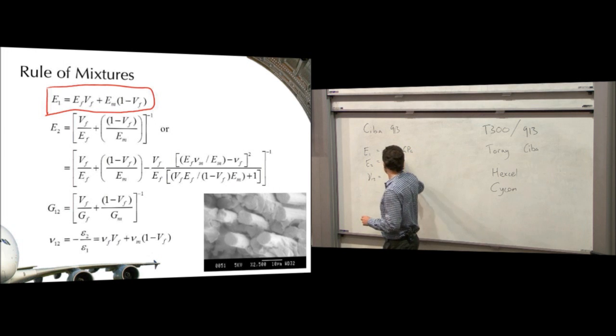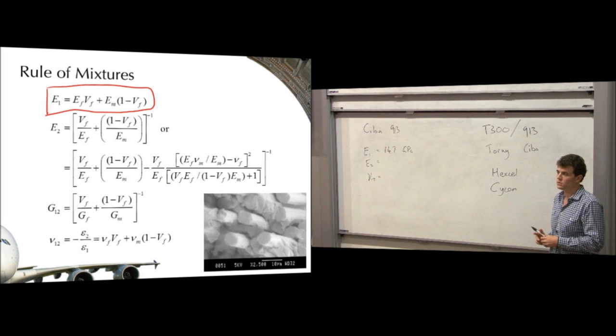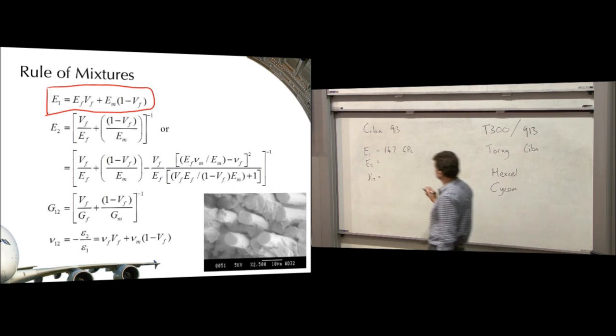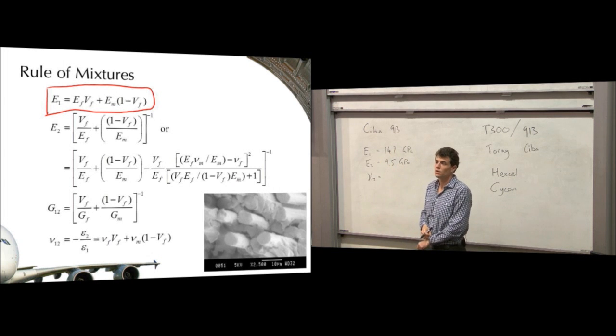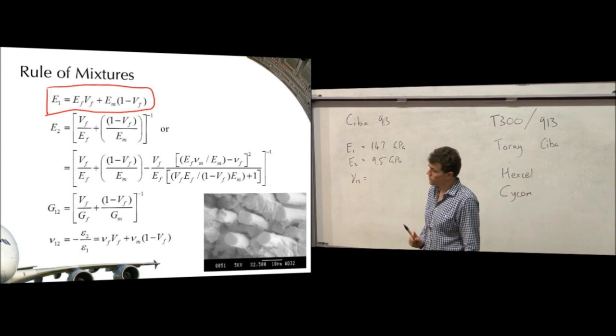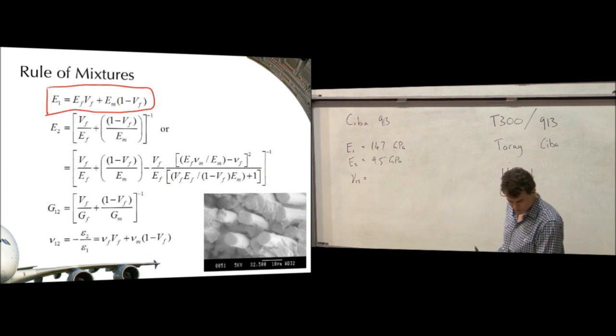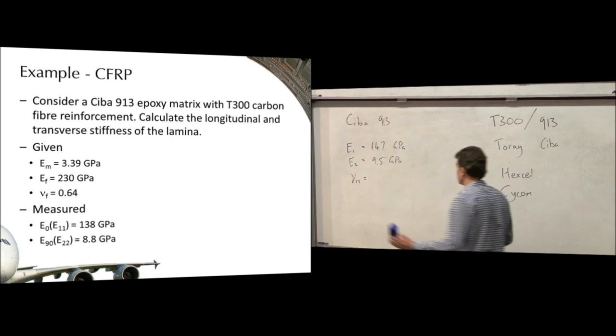I won't get too crazy with significant figures. 9.5? And the Poisson's ratio, I'm not sure we were given enough information to calculate the Poisson's ratio. No, we weren't. We weren't given any Poisson's ratio, so don't worry about that one.